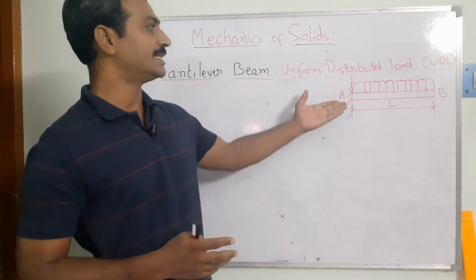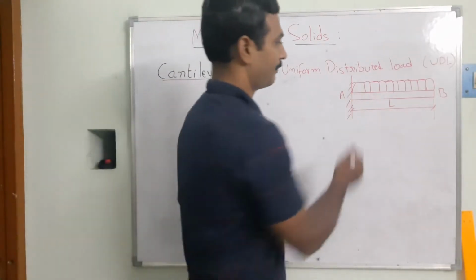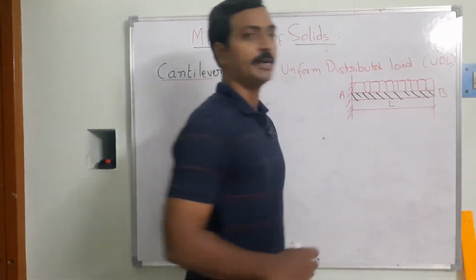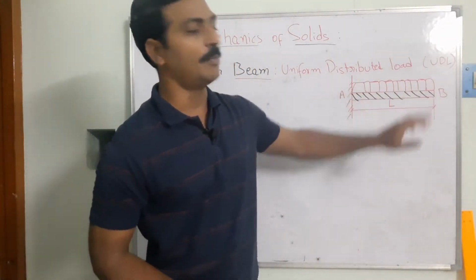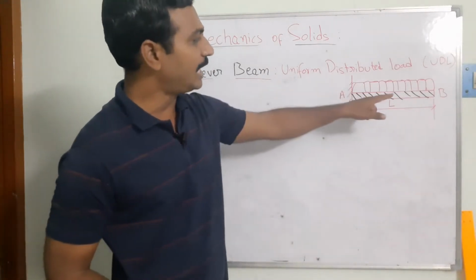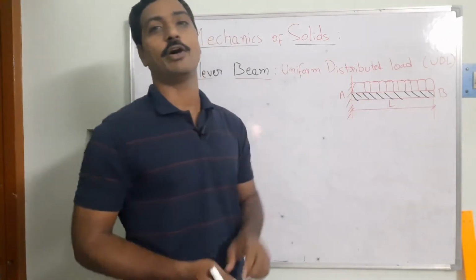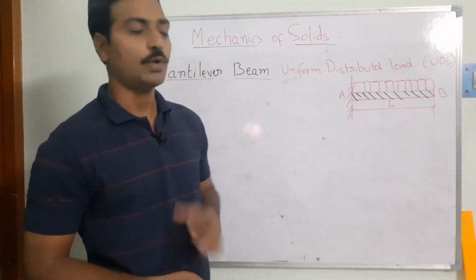Here also, I have taken AB as the beam, and I have applied the load uniformly distributed. You can see the distributed load is spread over the length of the beam. It occupies some area also, but we are considering only two dimensions. So what are we going to do?